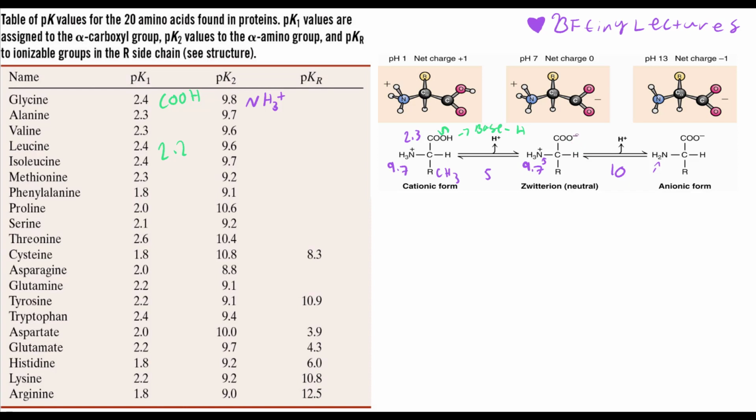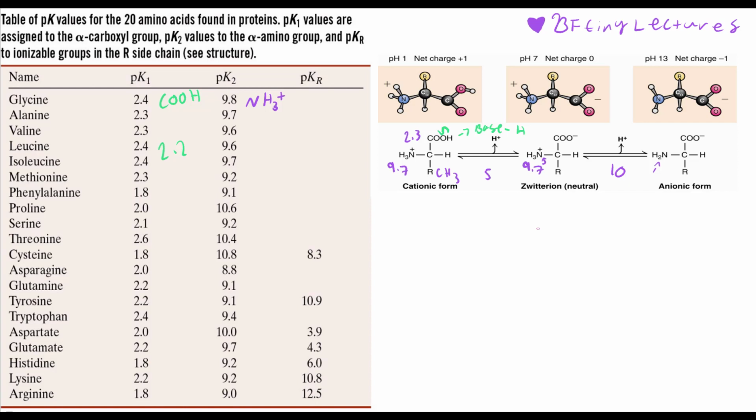The reason why we can't shoot off a hydrogen for this guy right here is because he doesn't have one, okay? He doesn't have one. So now we have to figure out the electronically neutral structure. So what does that mean? You just want to have a zwitterion. A zwitterion is just a neutral amino acid.